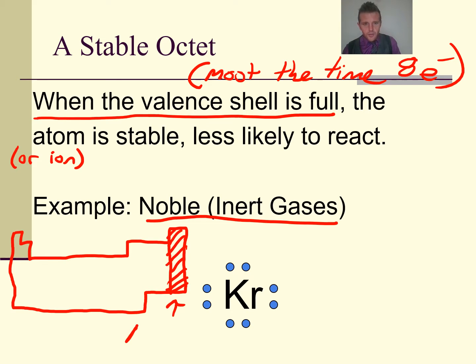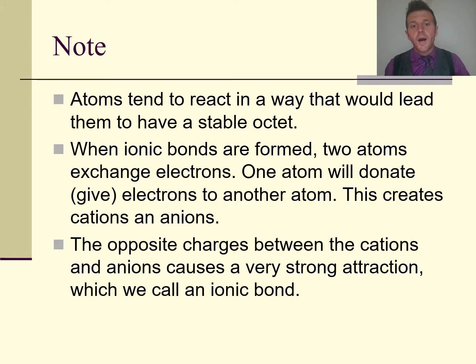These are our noble gases. And what they have in common is that they all have a complete octet. Atoms tend to react in a way that would lead to them having a stable octet.